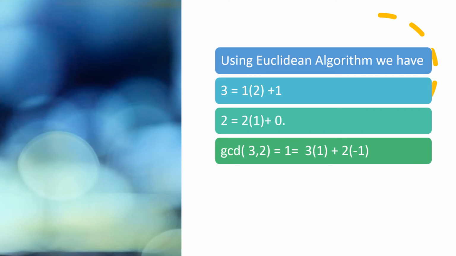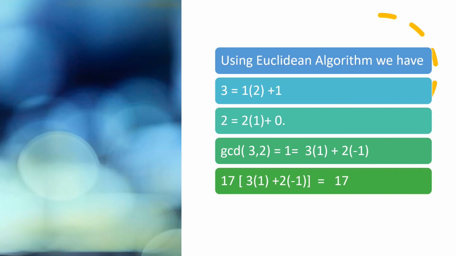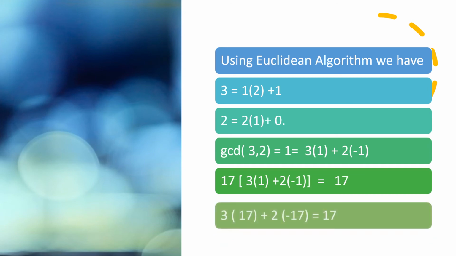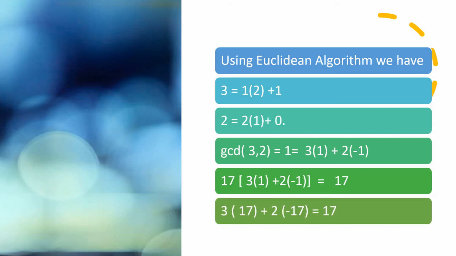So the GCD of 3 and 2, which is 1, is a linear combination of 3 and 2 as 3 times 1 plus 2 times negative 1. But I need this for 17, so when I multiply throughout by 17, I get 3 times 17 plus 2 times negative 17 is 17.